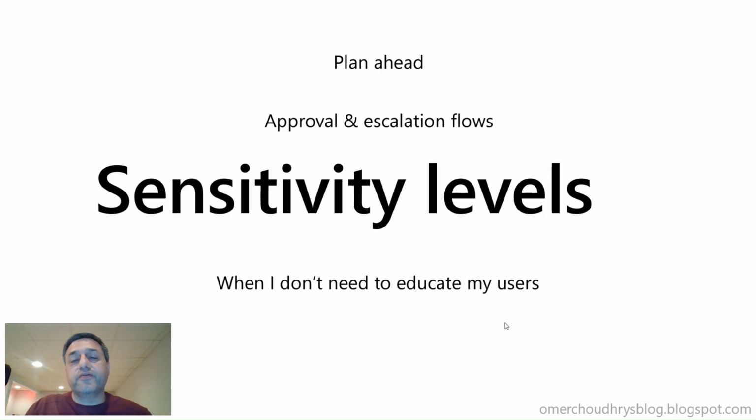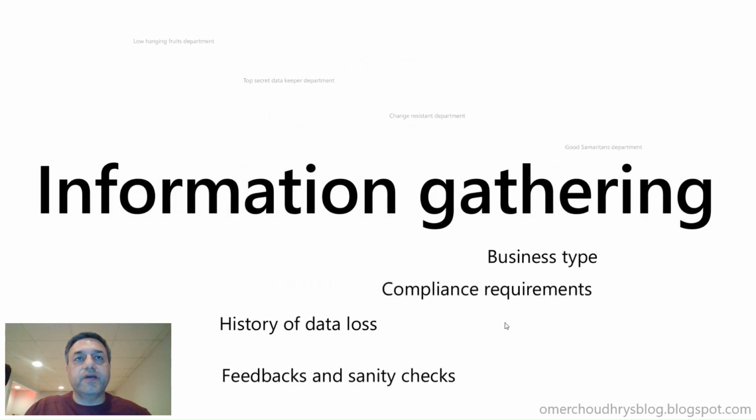If there is a history of data loss in the organization, people would be very careful, and confused, I would say, and they will be sensitive about everything. So make sure that you collect the information, not the sentiments, and based on statistics, make a better strategy.